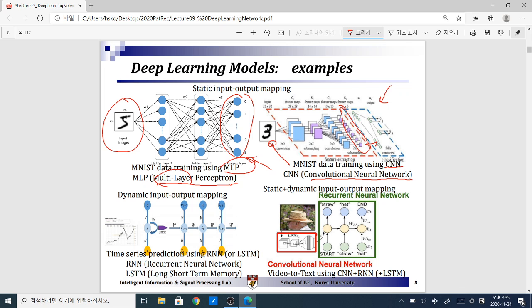So what CNN does, which I'm going to talk about in a little more detail after this slide, is that it's actually a feature representation process.